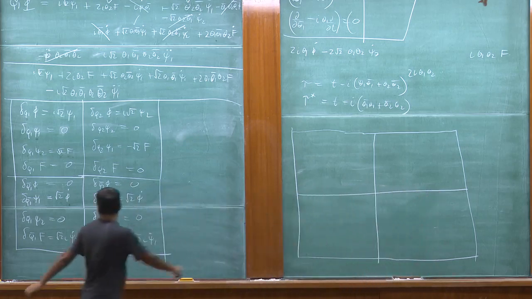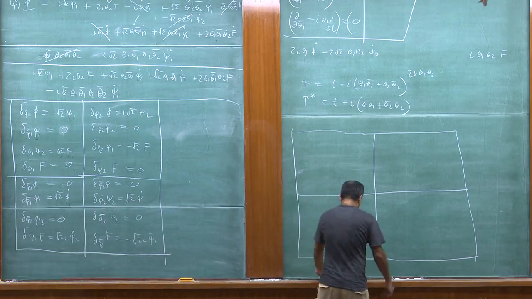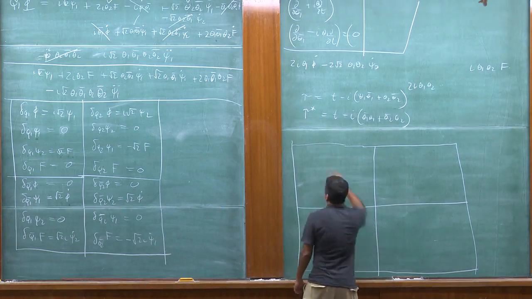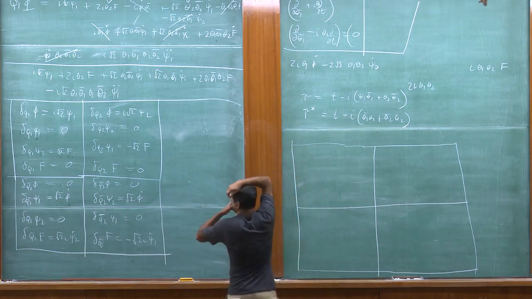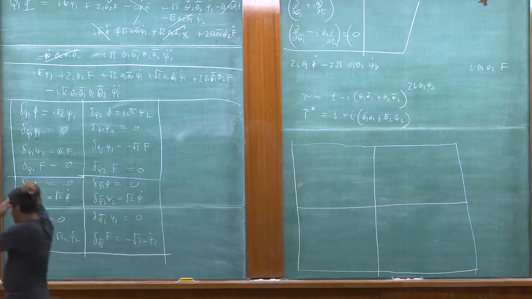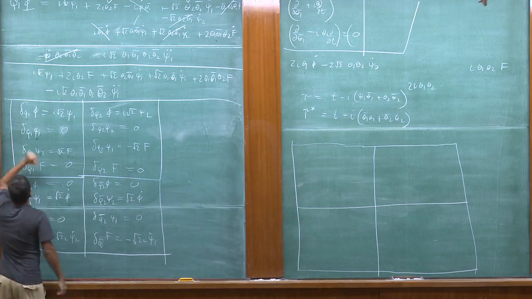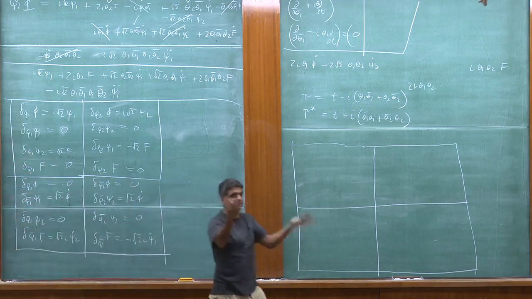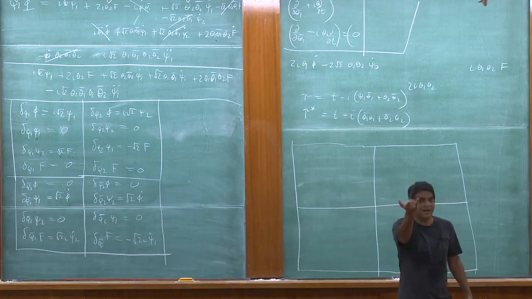Okay, fine. So now what was our rule? Our rule was we can now get delta q1 bar. Remember we had to flip theta and theta bar, that is the same as flipping q and q bar.